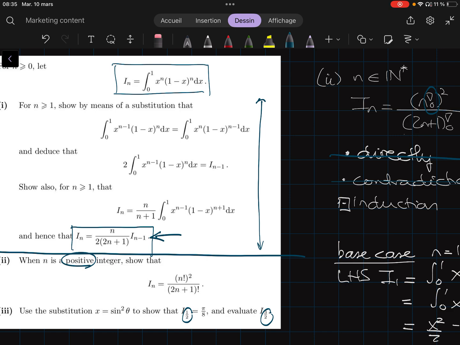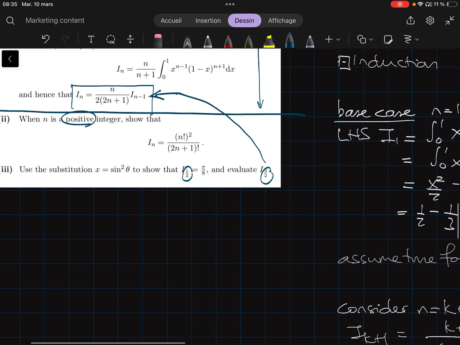In part 1, the only condition that we need is n greater or equal to 1, and that's it. And n does not have to be an integer, it just has to be a positive number. A half is a positive number. Therefore, we can use the result from part 1 to find this guy.